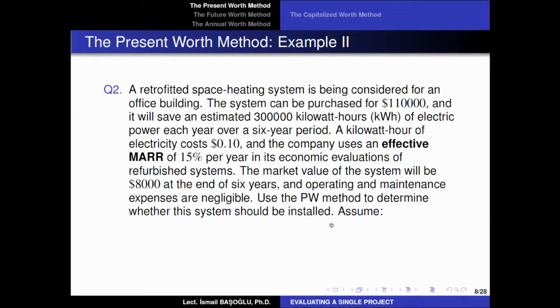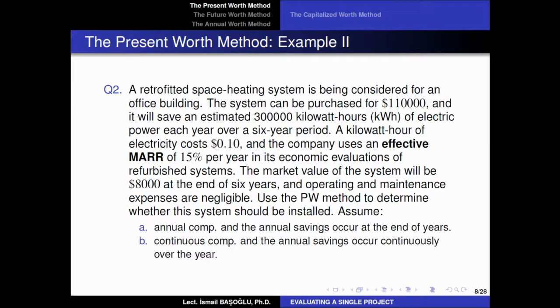be installed or not. However, again, we are going to have two parts, two assumptions. In the first assumption, we will assume that this 15% per year minimum attractive rate of return is going to be annually compounding, and the annual savings occur at the end of the years.